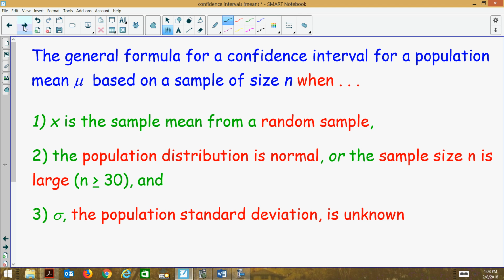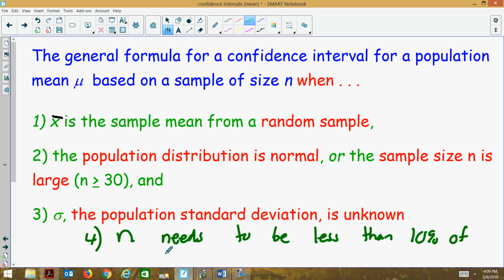The general formula for a confidence interval for a population mean based on a sample of size n can be used when the sample mean is from a random sample, and the population distribution is normal, or the sample size n is large, and the population standard deviation is unknown. Also, we must always remember that the sample size needs to be less than 10% of the population.